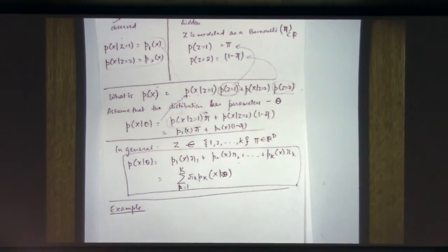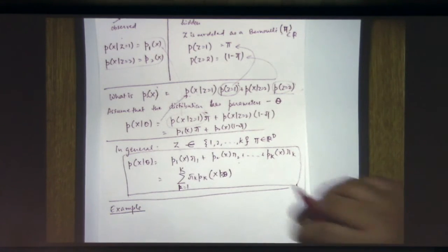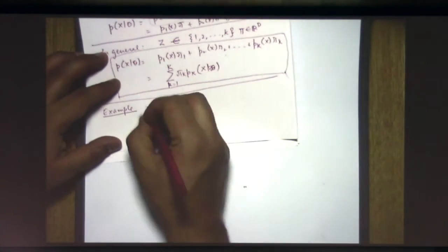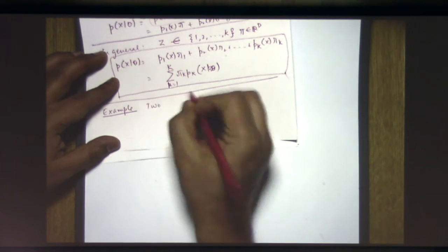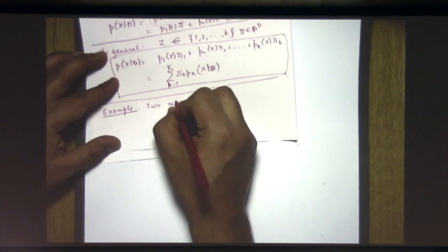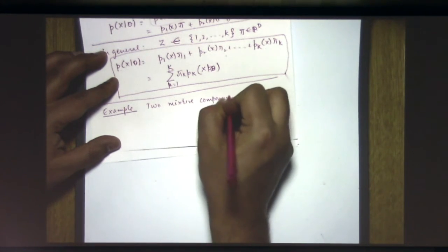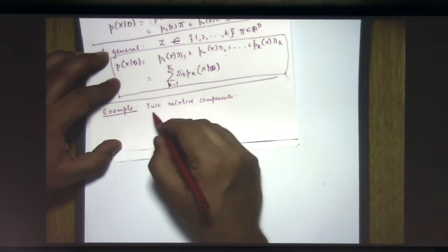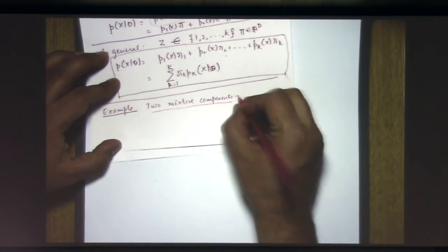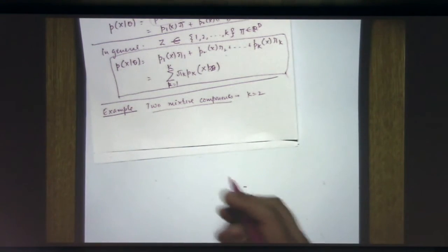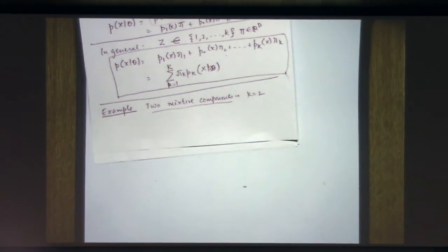So for example, let's say your mixture looks like this. Let's say you have two mixture components, so k is equal to 2, and let's say each one of your mixture components is a Gaussian, so this is a Gaussian mixture model.